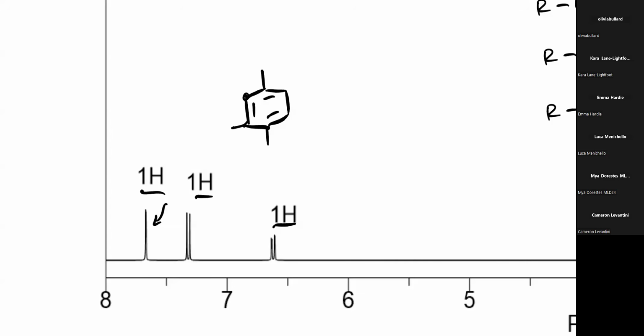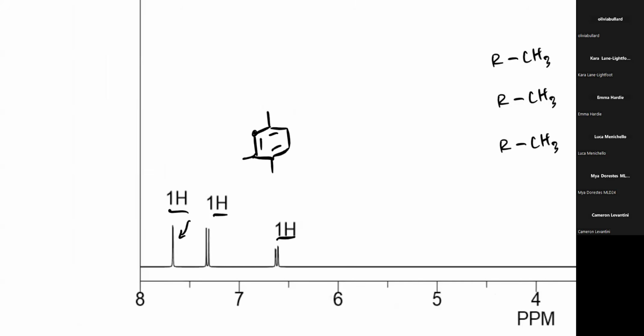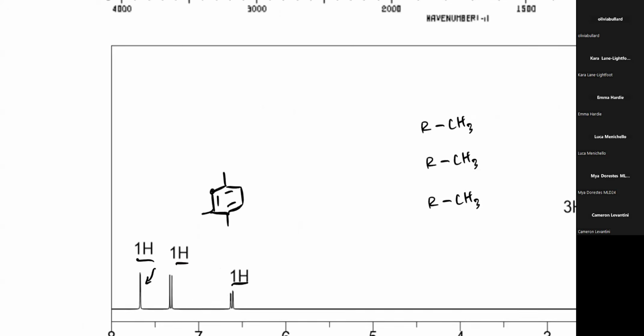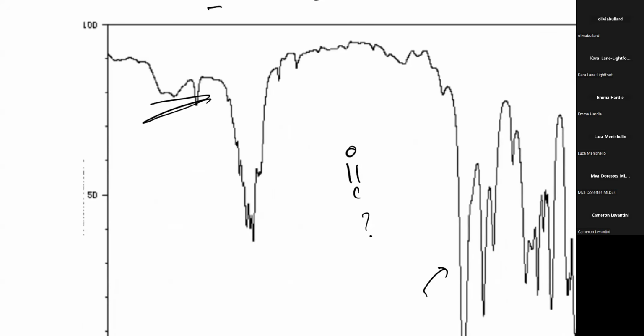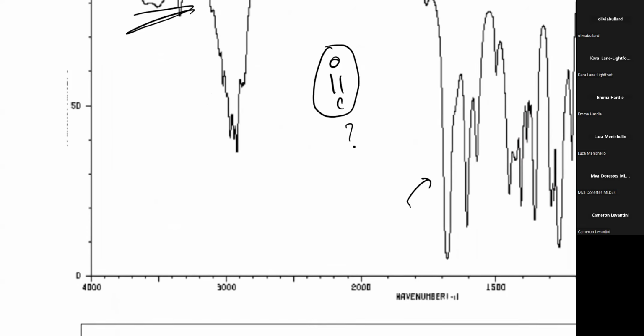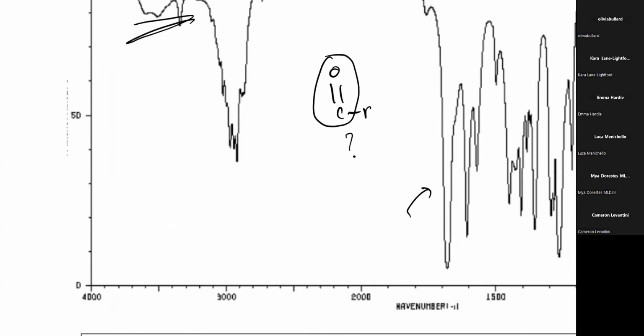This hydrogen has no direct neighbors, so that's the only way I could really have a singlet. So this looks pretty good to me. I've made a lot of ground, but I am missing my oxygen and my degrees of unsaturation. And having a carbonyl here actually makes sense because there'd be no direct hydrogens off of it.